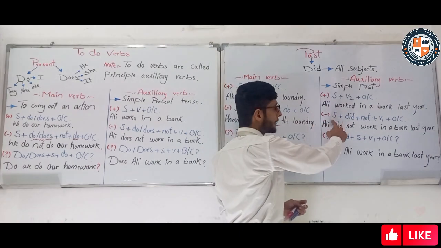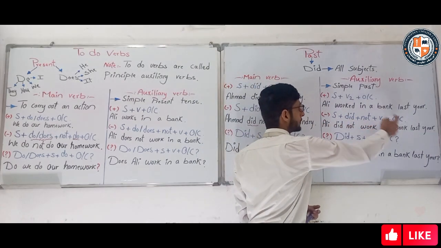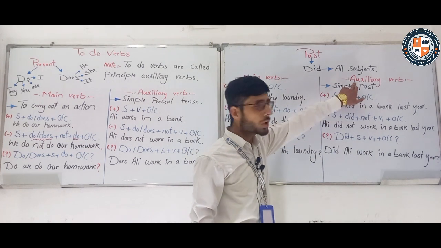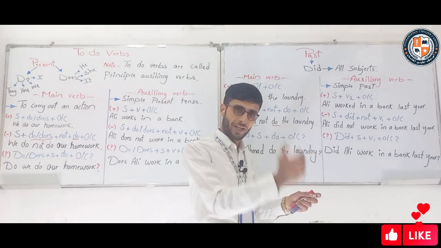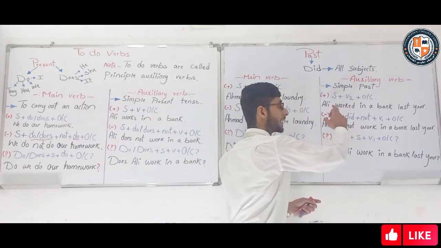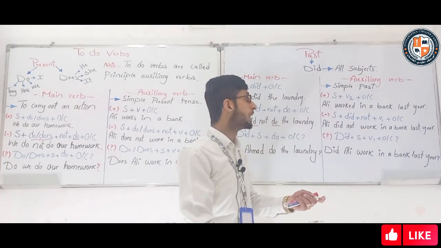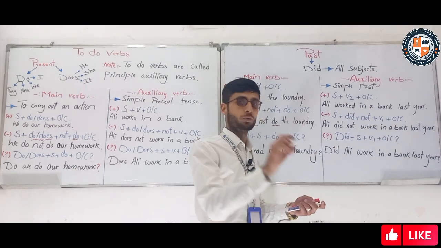Like this, subject plus did plus not plus verb and plus complement. These are called auxiliary verbs because they help us to change our sentence to negative and question. See, in here there is not any did because it's positive form, but when you want to change it to negative form we should use did.